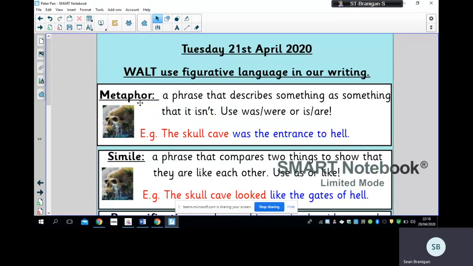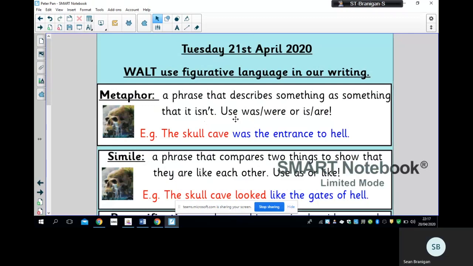So let's just recap a metaphor. I've written a sentence using a metaphor about the skull, and all my examples are about the skull. So a metaphor is a phrase that describes something as something that it isn't. It's saying that it's something, or it was something, or they were something, or they are something.